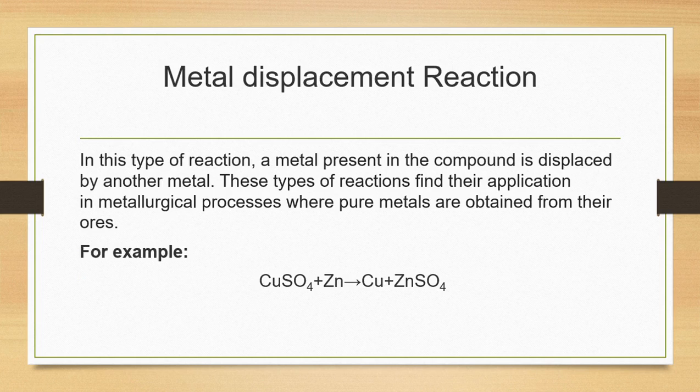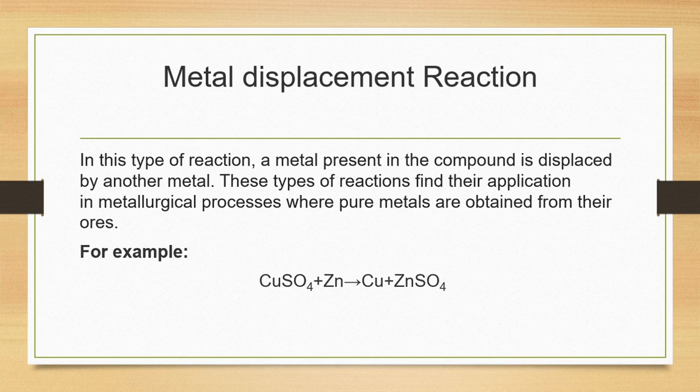Metal displacement reaction: in this type of reaction, a metal present in the compound is displaced by another metal. These reactions find application in metallurgical processes where pure metals are obtained from their ores.